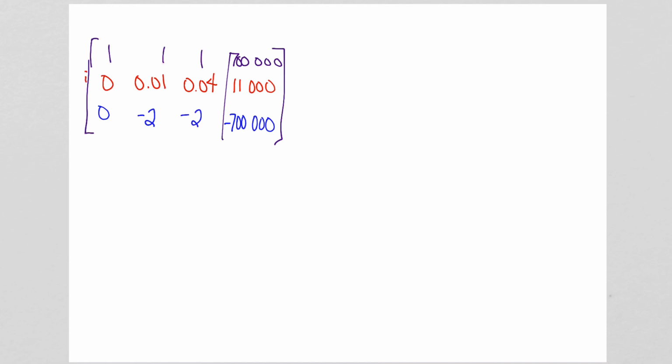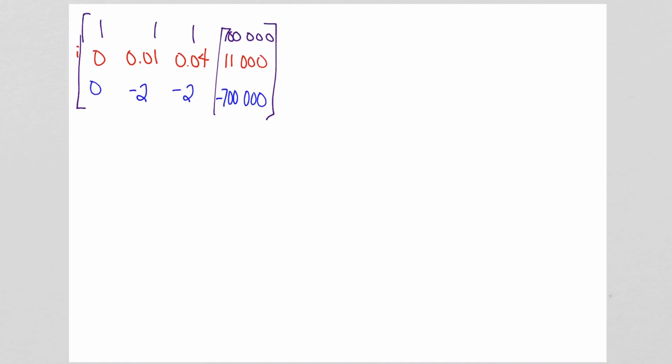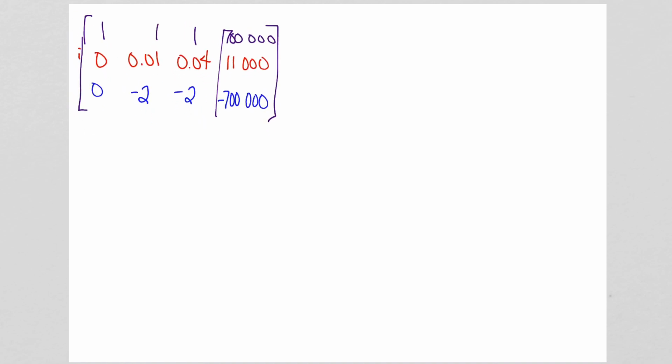Okay. So, moving forward as quickly as possible, the next step is to get this spot to be a 1. So how will we do that? Take row 2, and if we divide by itself, so in this case 0.01, then that will give us a 1 there.